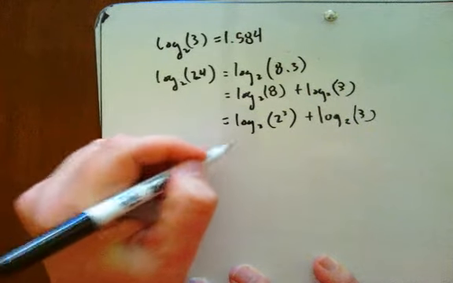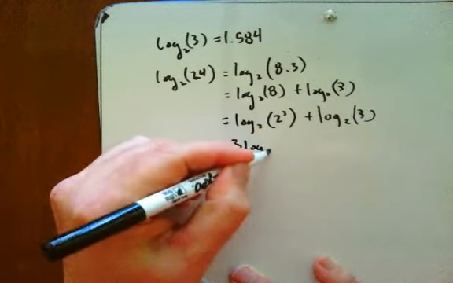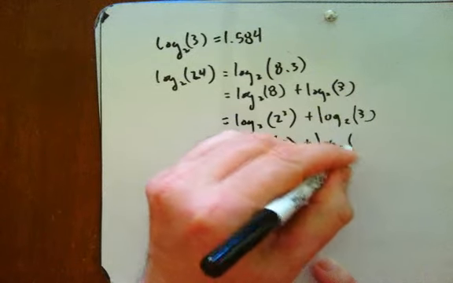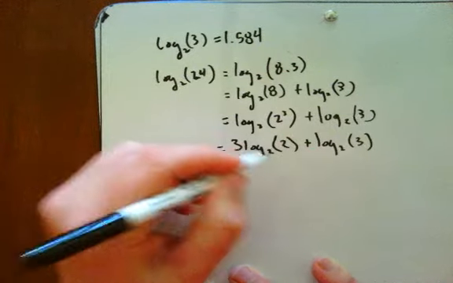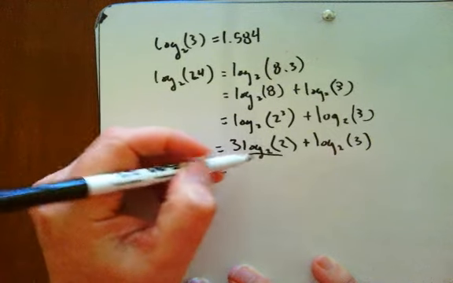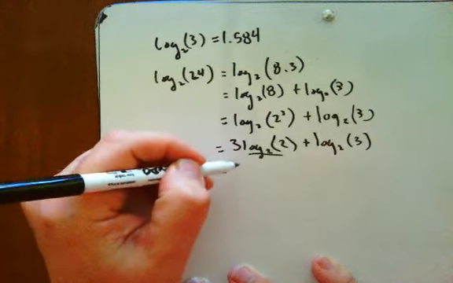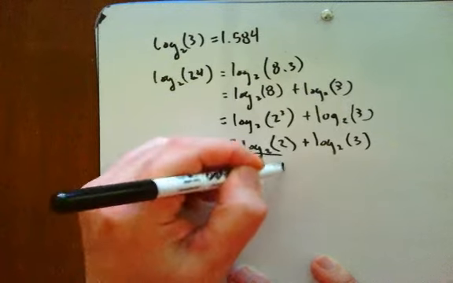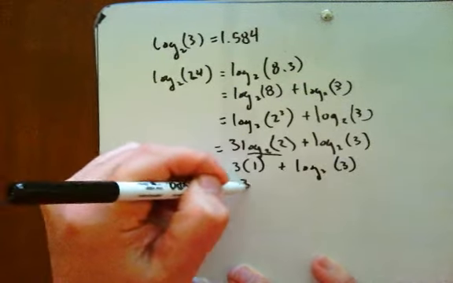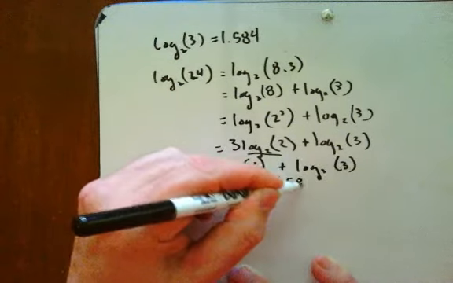And then we can use our power property, and then log base 2 of 2. Well, we said yesterday that that was 1. Log base b of b is always 1. So 3 times 1 plus log base 2 of 3, or 3 plus 1.584.